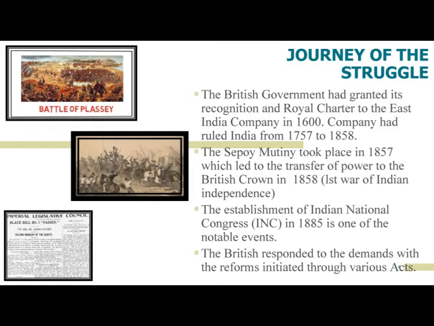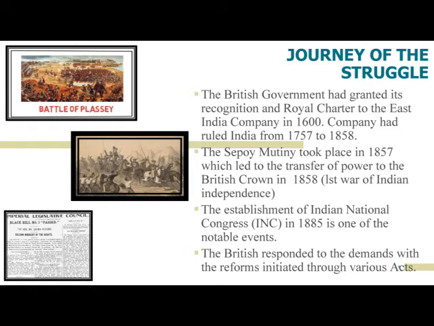One significant contribution that gave way to revolting against British rule was the Sepoy Mutiny, which took place in 1857 and led to the transfer of power to the British Crown in 1858. Some historians have described the Mutiny as the first war of Indian independence.